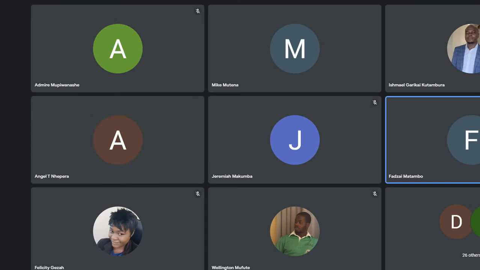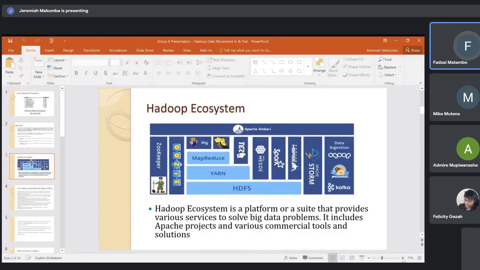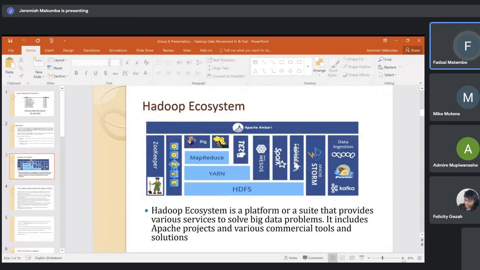Go ahead. Yeah, I just wanted to say, can I say the Hadoop ecosystem is like a collection of applications within the Hadoop ecosystem. In that ecosystem, there is HDFS, there is Zookeeper, MapReduce, Oozie.